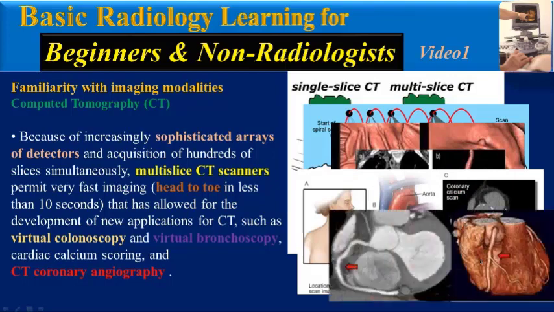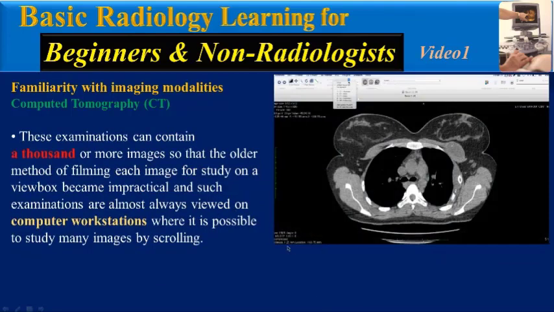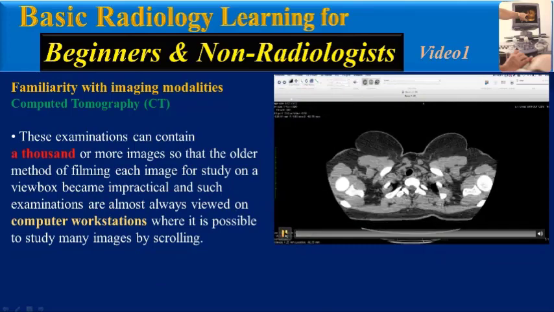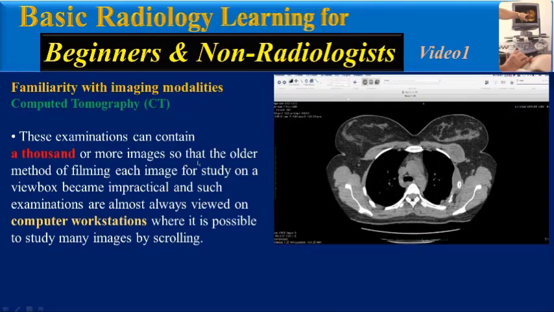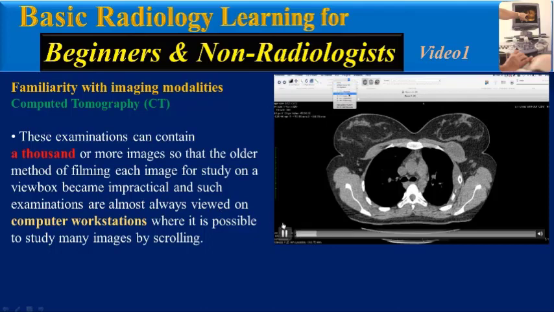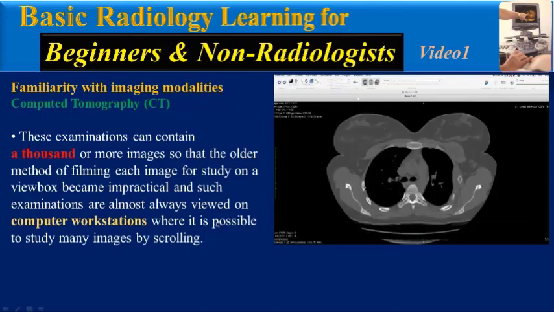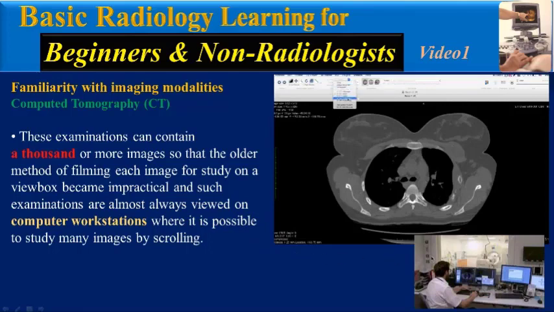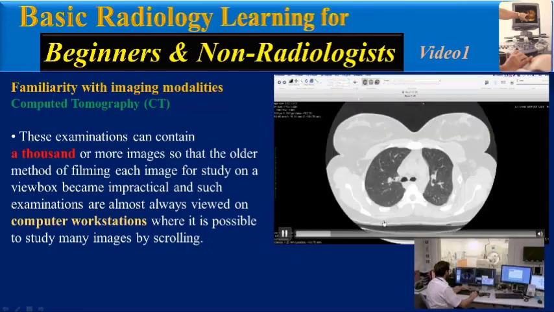CT coronary angiography. These examinations can contain thousands or more images, so that the older methods of filming each image for study on a view box became impractical, and such examinations are almost always viewed on computer workstations, where it is possible to study many images only by scrolling.